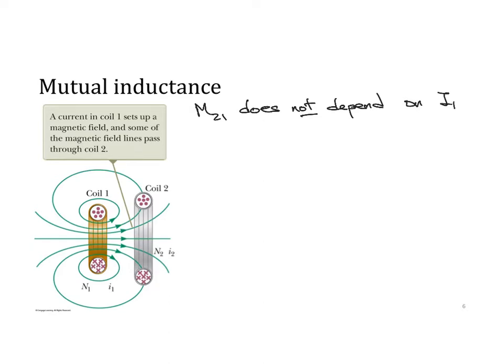And I know if I flip back to a previous slide, you're going to say, but wait, you have current in your equation there, right? But remember, current is also contained in the information for the magnetic field that is causing this flux.